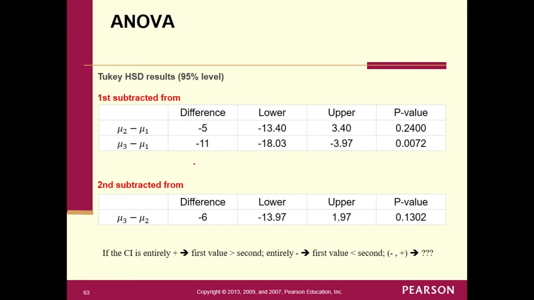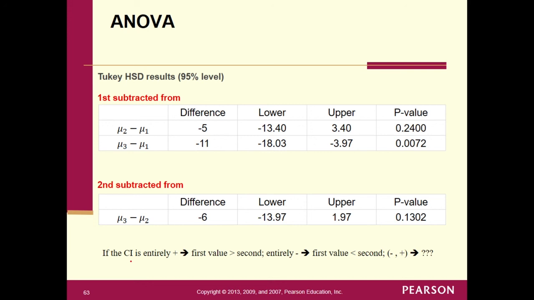So you have to pay attention to that. And then here, you can look at the confidence intervals and use that logic where if the entire confidence interval is positive, the first value is greater than the second. If it's entirely negative, the first value is less than the second. And when you have a negative and a positive, you don't know. It's inconclusive.